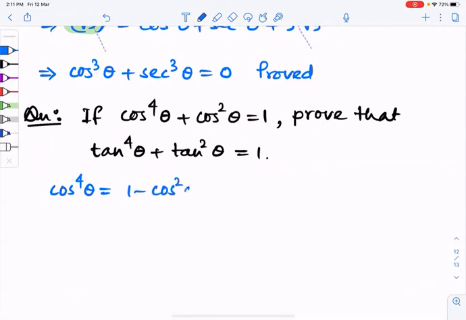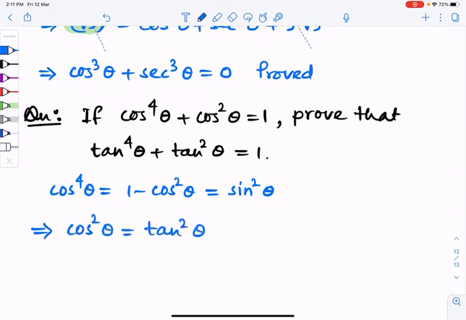I know that 1 minus cos square theta is sin square theta because of the particular identity that I have told you already. Now to bring in tan, there is sin square theta and cos square theta, I will get tan. So now I will divide by cos square theta. So I'll get cos square theta here. This side I'll get tan square theta.